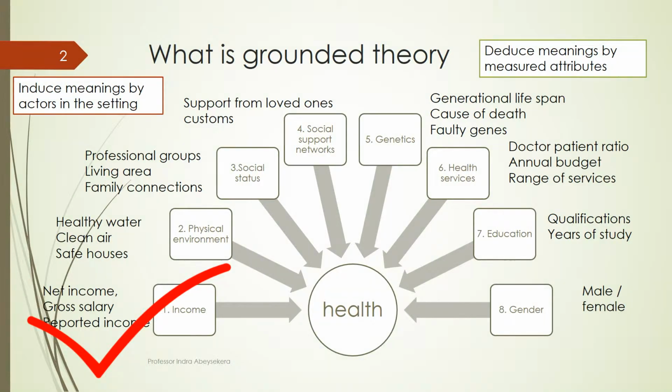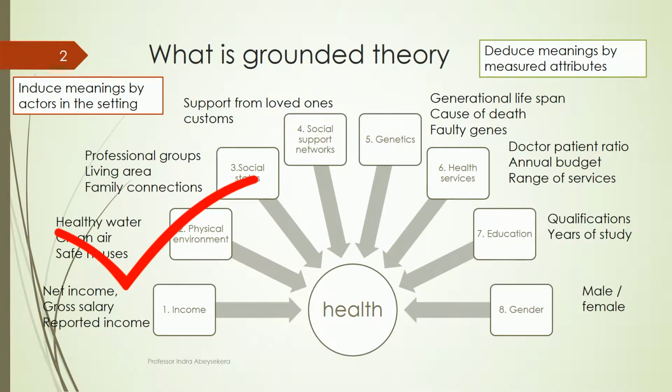Physical environment, such as healthy water, clean air, safe houses. Social status can be measured as professional groups, living area, family connections. So each of these factors can be measured using attributes that can represent a given factor.